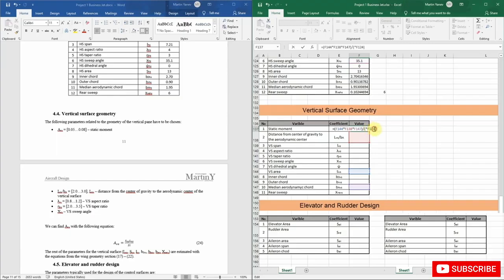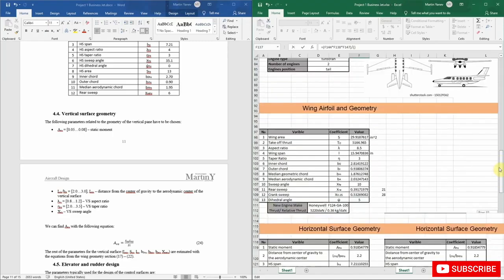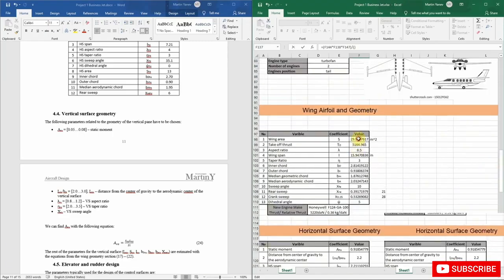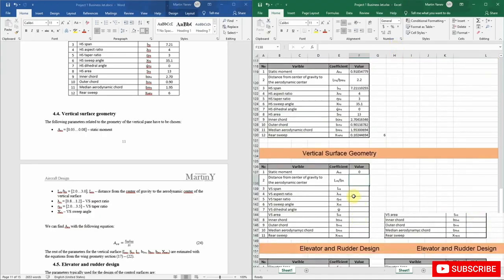So here I will delete this and go up to find the S of the wing and the L of the wing. So this is the wing, and here we go, S multiplied by L, the wingspan. That's it, and our equation is right here. And of course you're getting 0 because we haven't found these values yet, but now we'll find some of them.